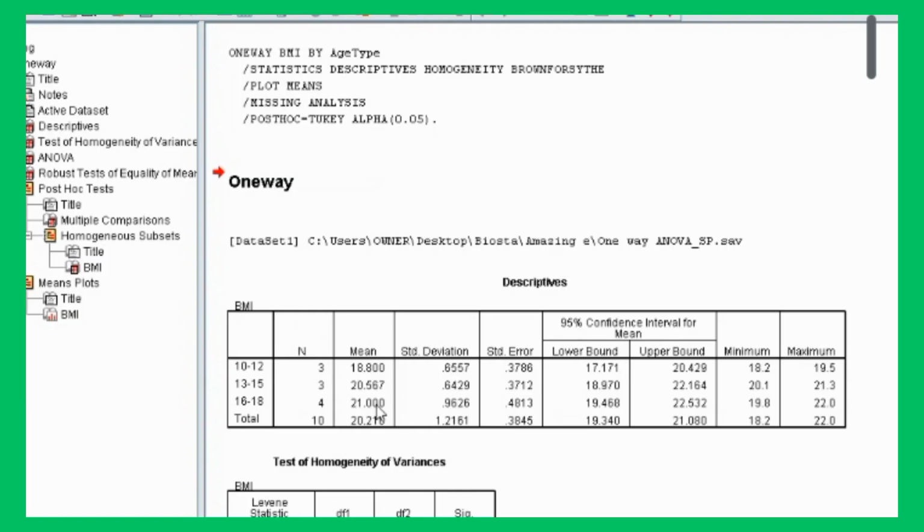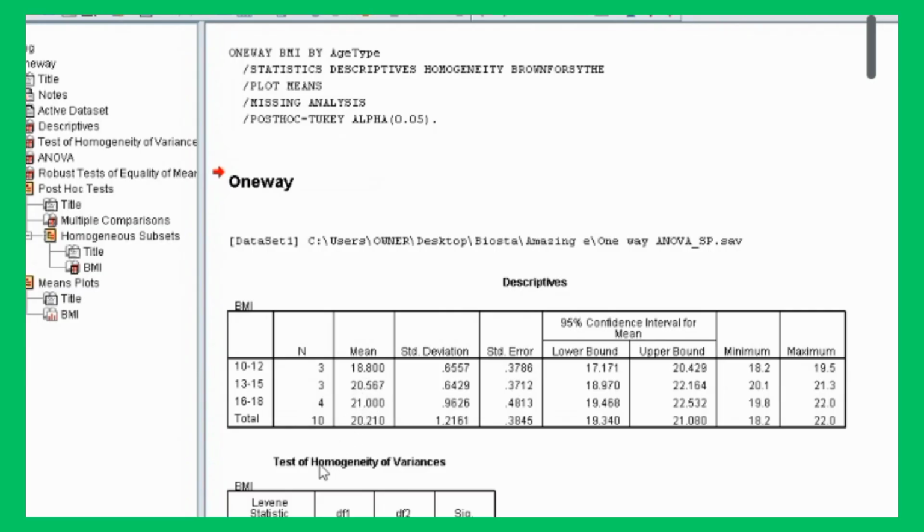So we want to know which group is significantly different from the other groups.